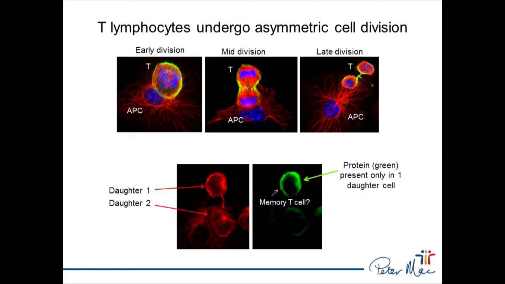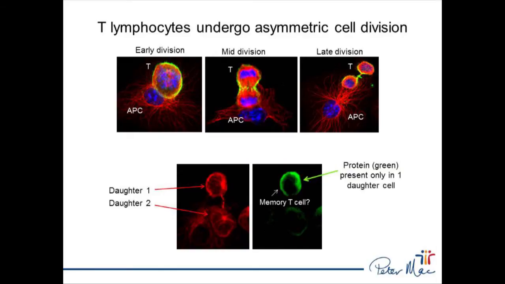And these microscopy images also show a T cell interacting with an antigen-presenting cell. So in the first panel, the T cell is just starting to undergo division. In the second one, it's starting to separate, and the third panel shows the daughter cells just prior to detachment. And if we use antibodies to mark proteins that we know are involved in T cell fate, we find that some of these proteins are only present in one daughter cell.